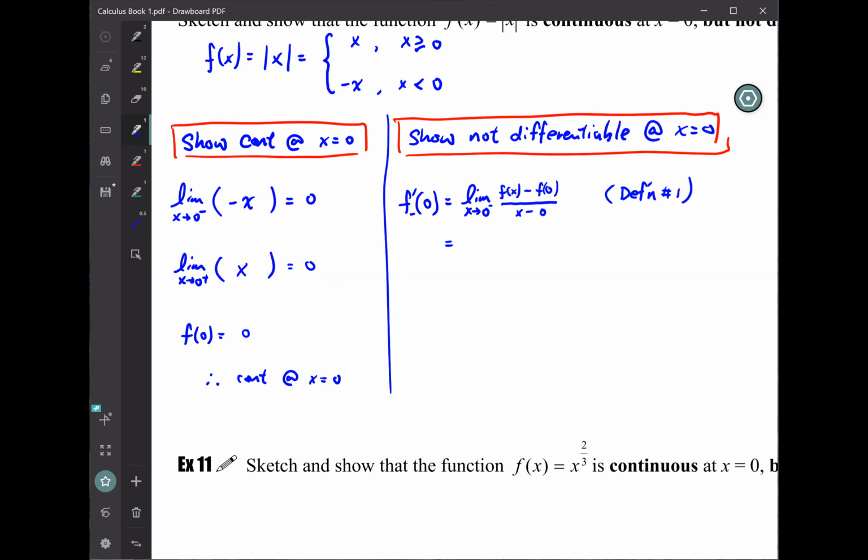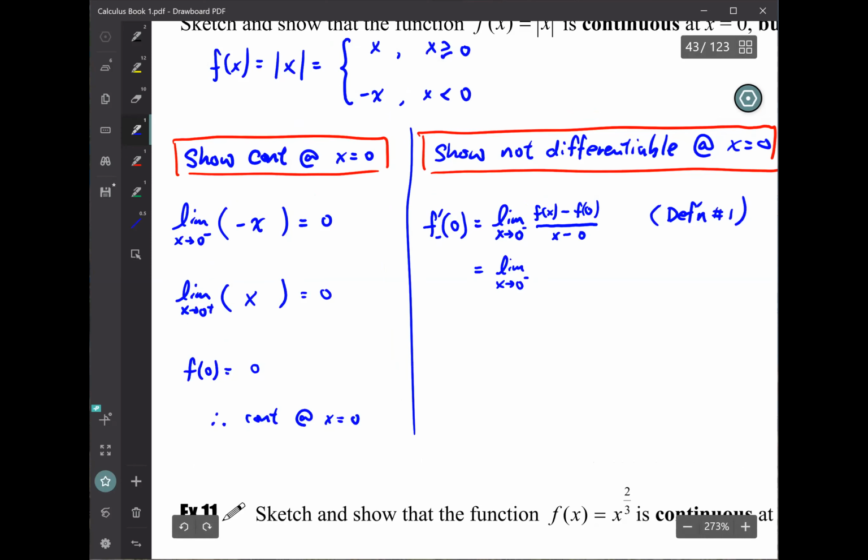So now we will substitute the function, approaching 0 from the left. So our function, we should pick the second one, right? Because x is less than 0. So it will be negative x minus f of 0, which is 0, over x. We'll simplify that.